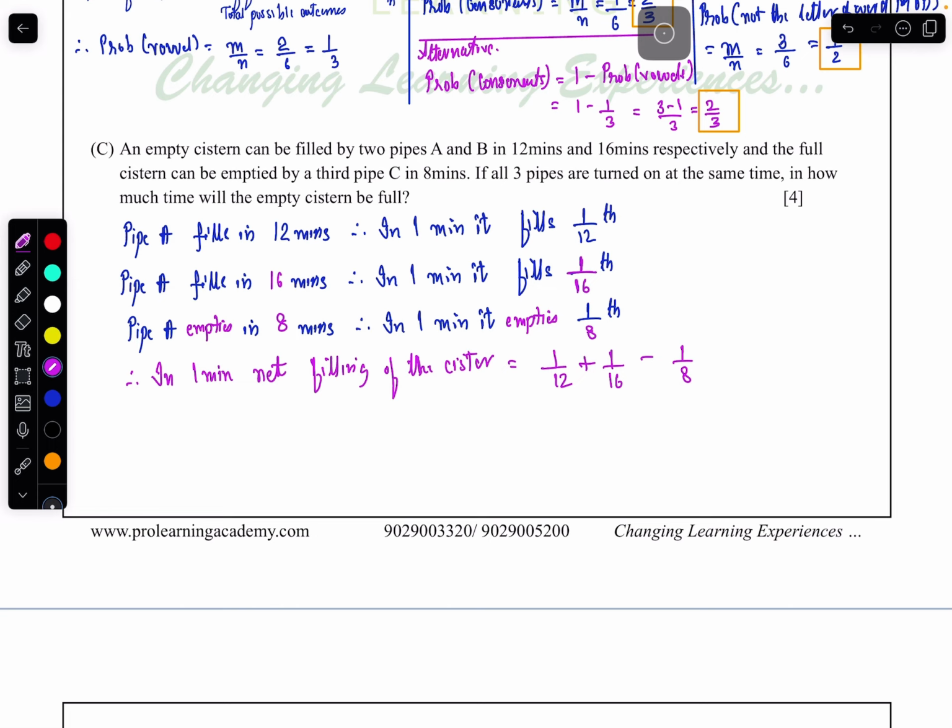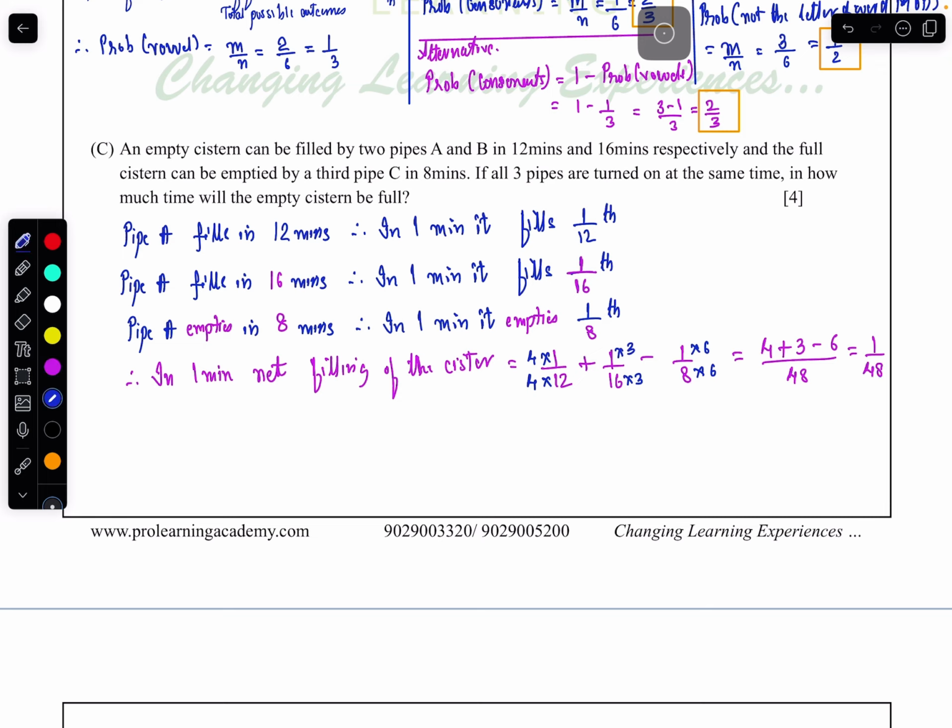So we know we will have to work with the LCM. LCM is 48. So 12 times 4, 1 times 4, 16 times 3, 1 times 3 here, 8 times 6, 1 times 6 here. So this looks like 4 plus 3 minus 6, the whole over 48. That becomes 1 over 48.